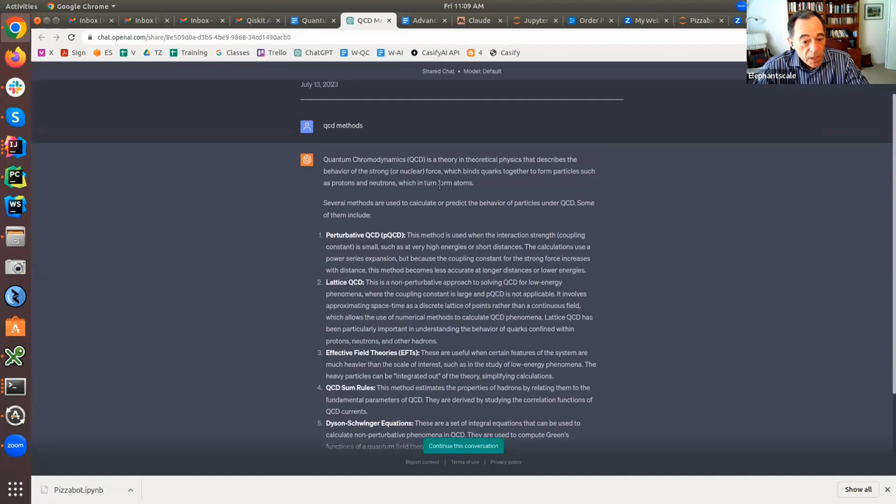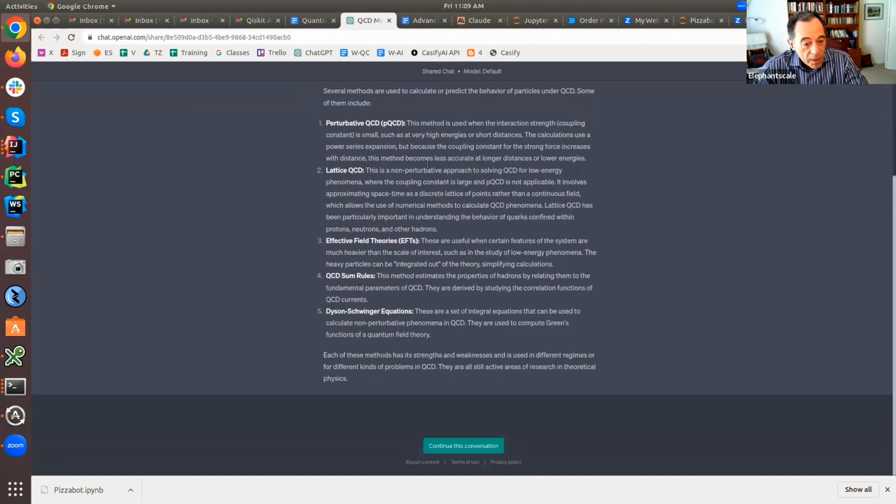So QCD is a theory of theoretical physics. That's good enough for me. It's a theory. But she talks about that there are two ways to build this theory. From what I could understand, way number one is called perturbative QCD, but it assumes that all those particles are close and the energies are high. So when the particles are close and when the energies are high, you can take a derivative.